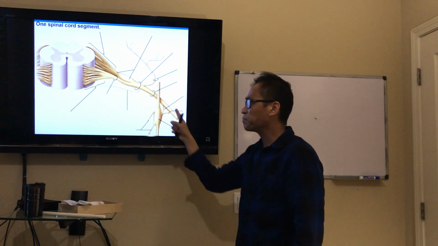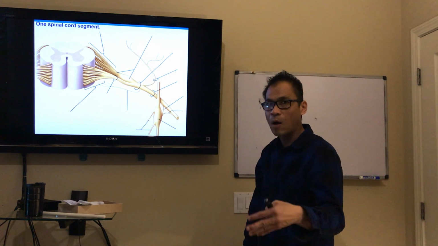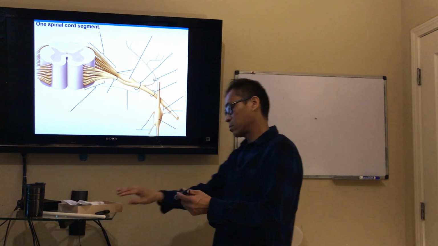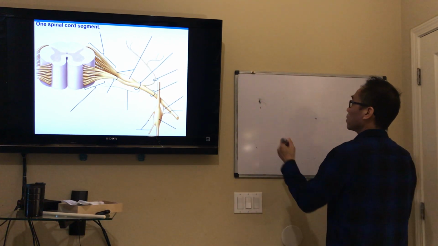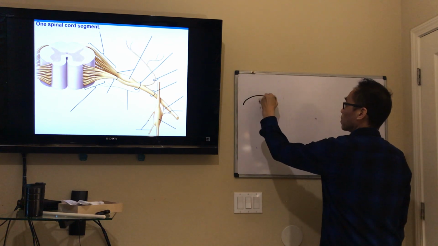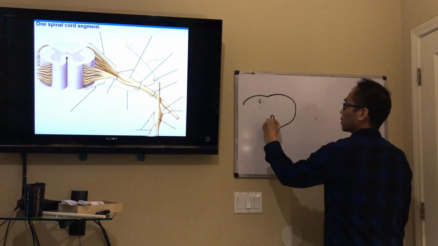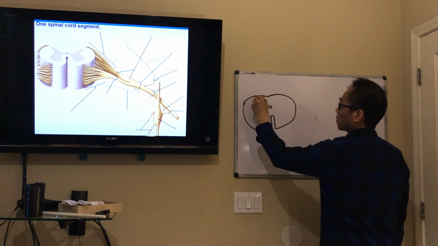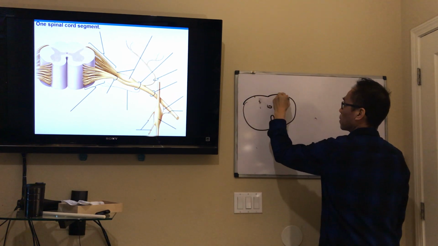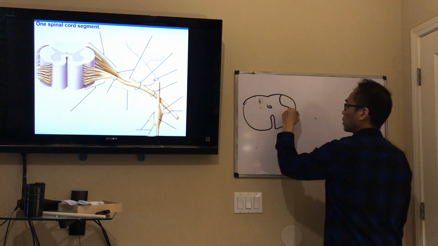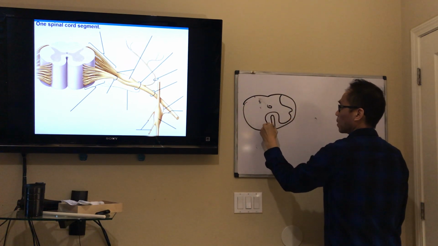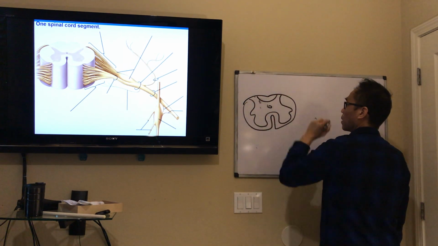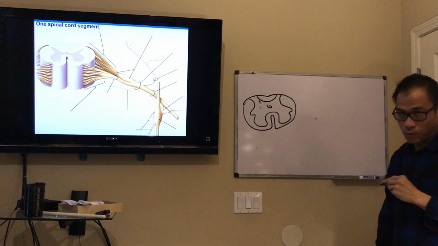Let's focus on this side, and let's kind of draw out the different nerve roots and spinal nerves that I want you to know. That's usually how I draw a segment of a spinal cord.